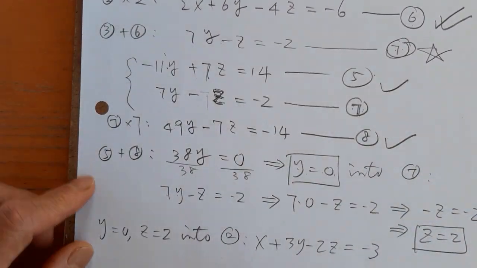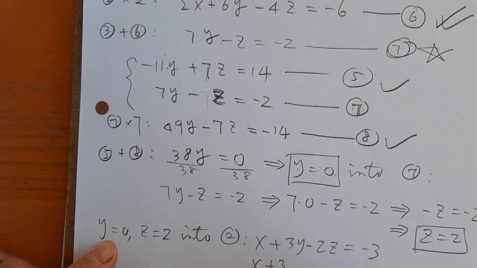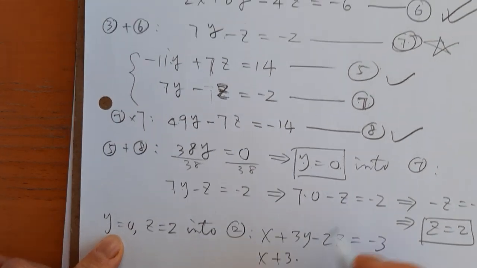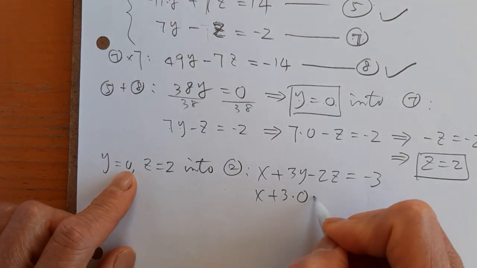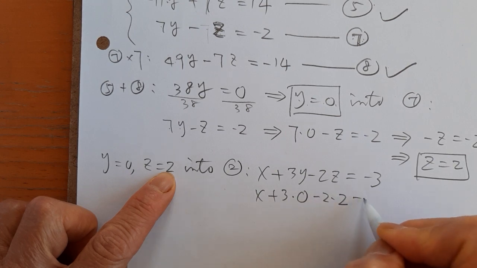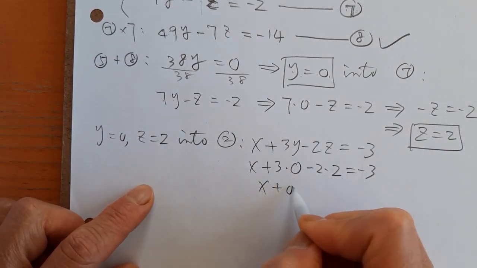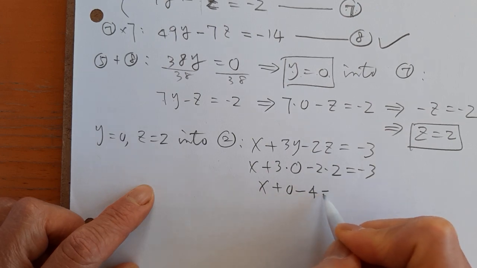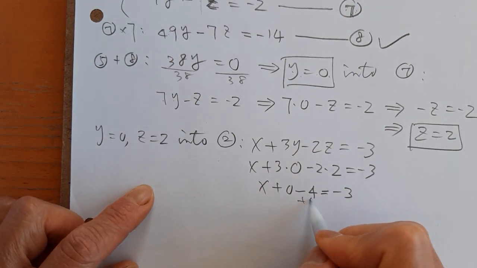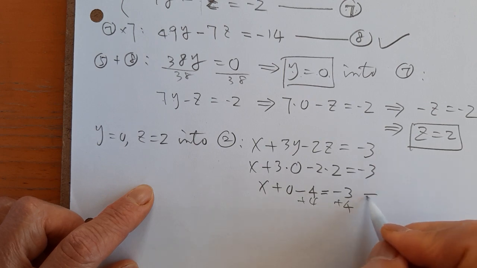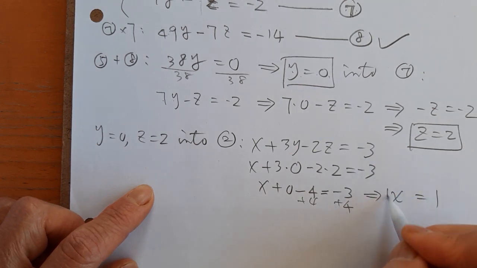So plug in: x plus 3 times 0, minus 2 times 2, equals -3. So this is x plus 0 minus 4 equals -3. Then add 4 to both sides, so you get x equals 1.